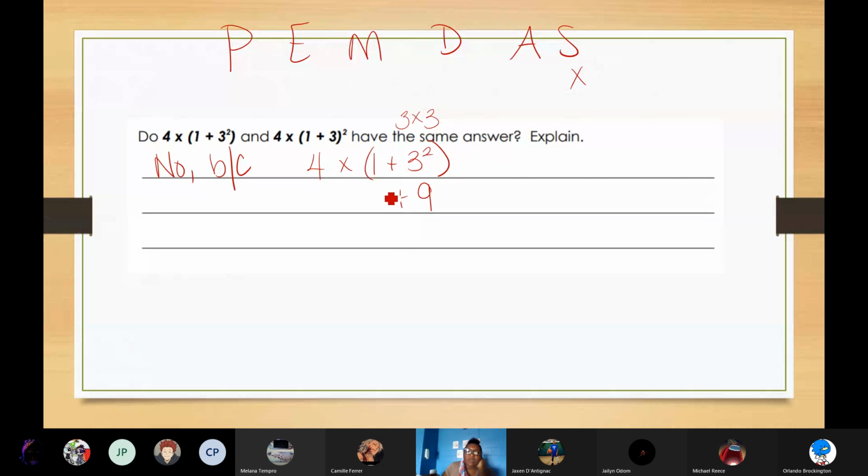We work with our exponents. 1 plus 9 is 10. And what is 4 times 10? 40. Very good. So the answer here is 40.